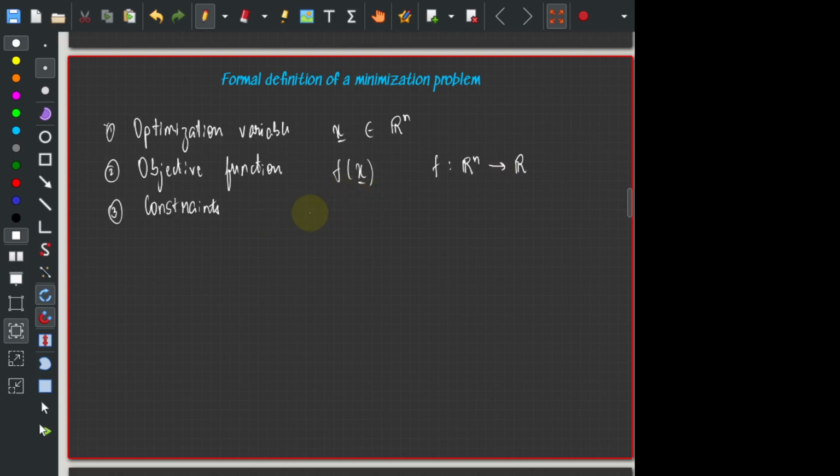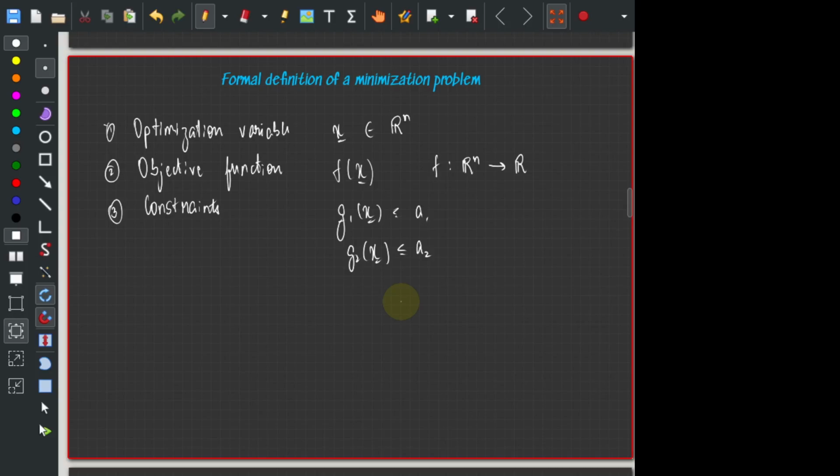Now you also have a set of constraints. So maybe I have g1 of x less than or equal to a1, g2 of x less than or equal to a2, and so on.